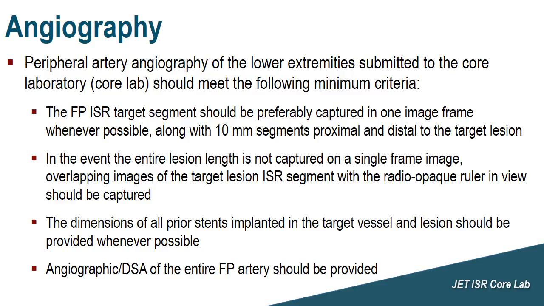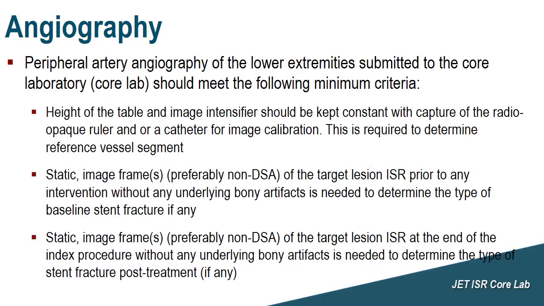The dimensions of all prior stents implanted in the target vessel and lesion should be provided whenever possible, and there's a worksheet that is going to accompany the protocol sent to you from the core laboratory. Angiography and DSA of the entire femoropopliteal artery should be provided. Height of the table and image intensifier should be kept constant with capture of a radio-opaque ruler and/or a catheter for image calibration. This is required to determine reference vessel segment.